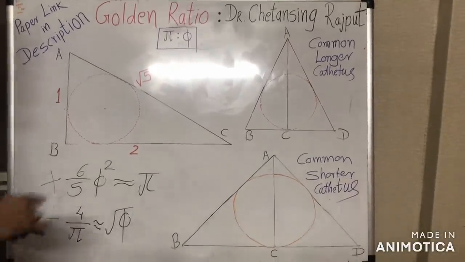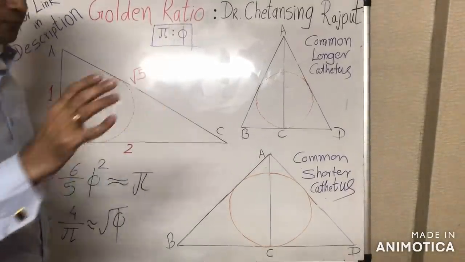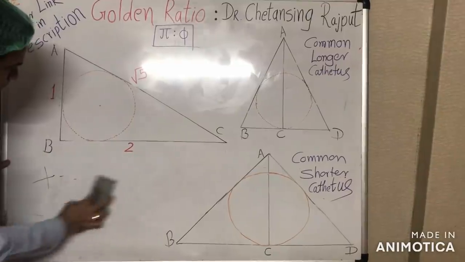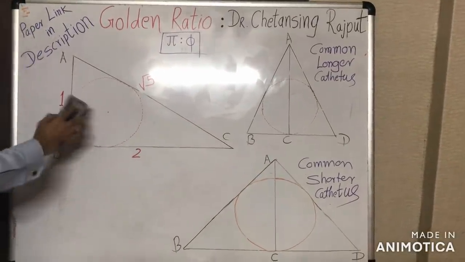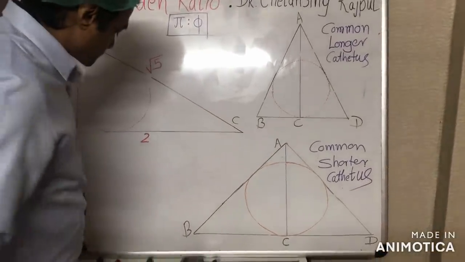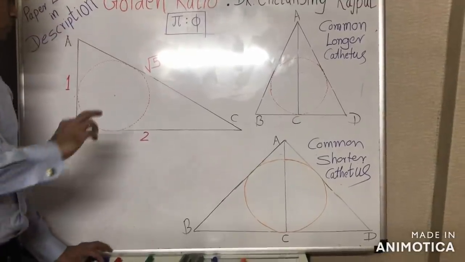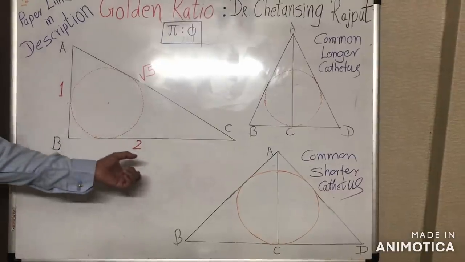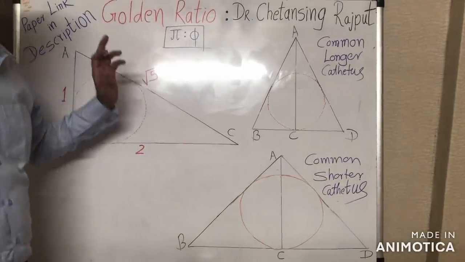We are going to talk about the precise pi-phi correlation which can be derived using this special right triangle 1, 2, root 5. As we know, this right triangle with its cathetus in proportion 1:2 is full of golden proportions.